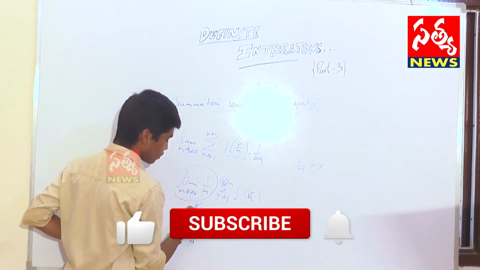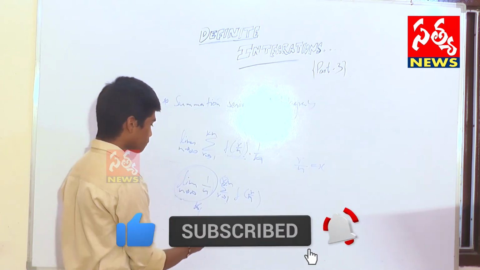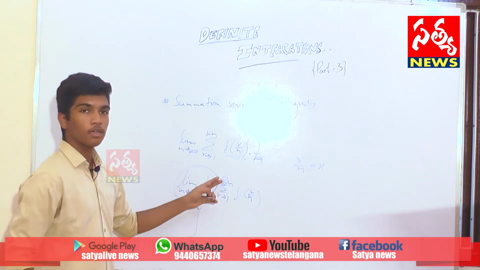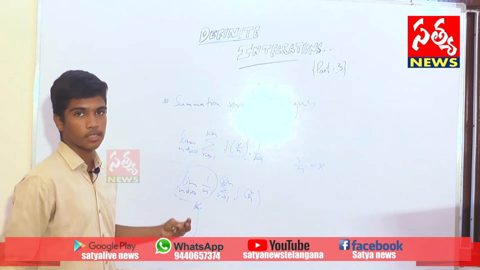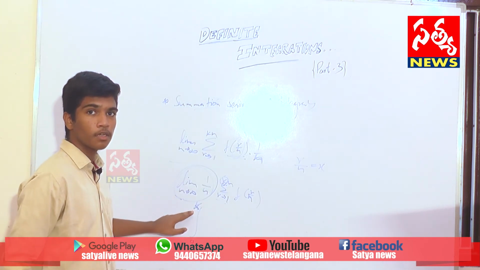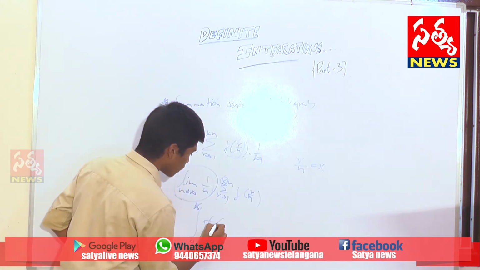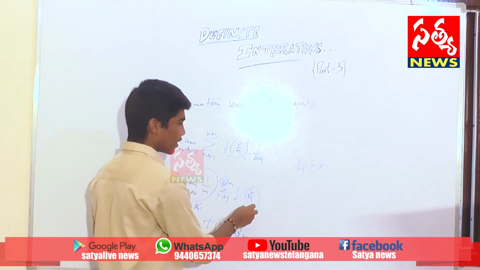So we get the term k at the top. Otherwise, if r starts at 2 and the summation goes to 2n or 5n, something like that, we take the 2n or 5n at the upper limit and the 1 at the lower limit. Now the function becomes f of x dx, as r by n is x.